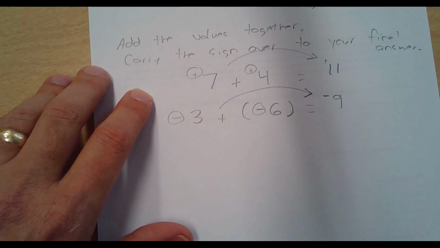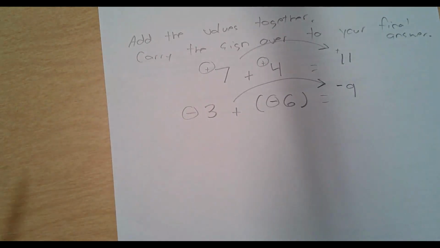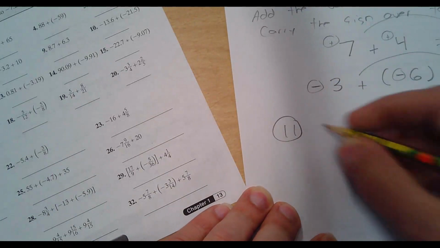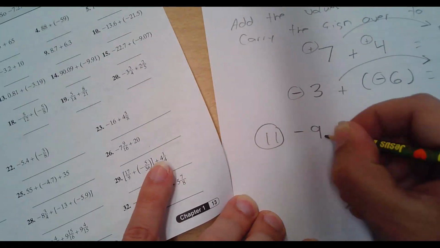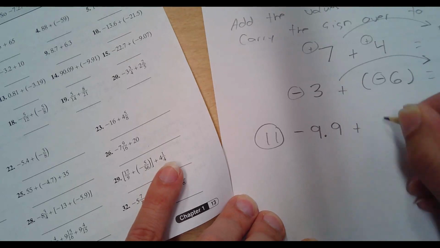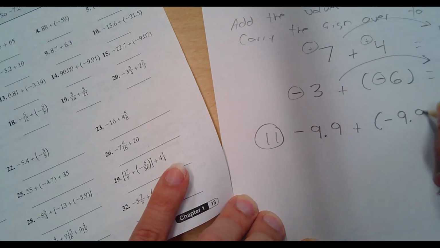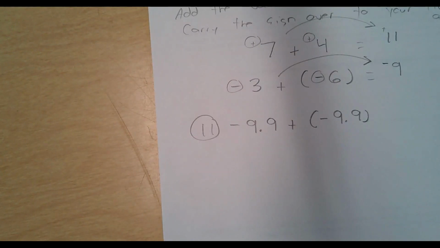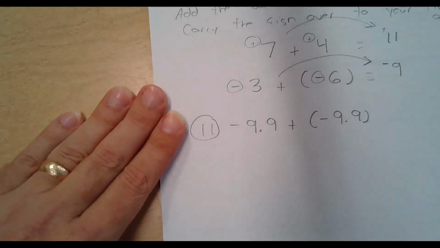Okay. So let's look at number 11. We can do that one. Negative 9 9/10 plus negative 9 9/10. So signs are the same. Agreed. So what do we need to do? Add.